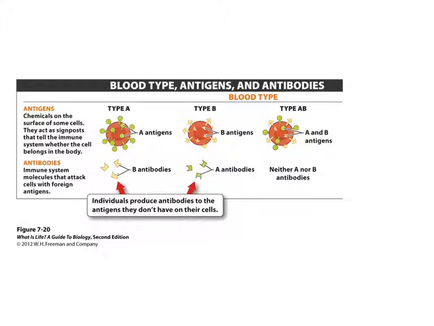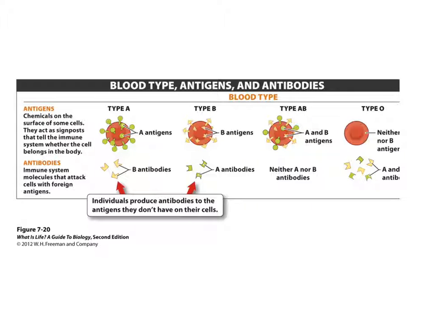Because both A and B are familiar to their body, they will make no antibodies. Type O has no antigens on their blood cells. They do not make A or B antigens. This means that both of those antigens are foreign to their body, so they will make both A and B antibodies.